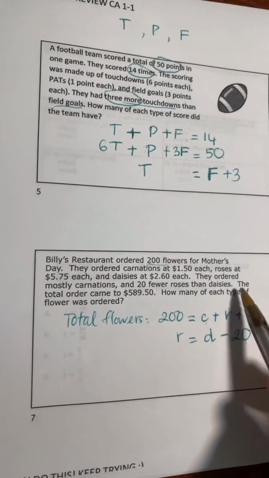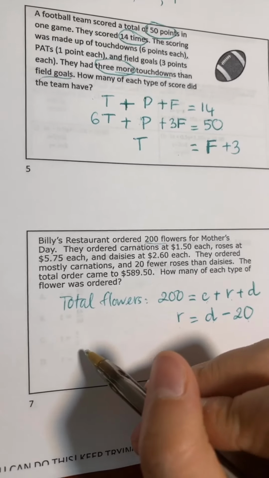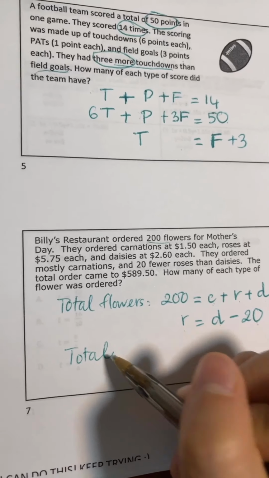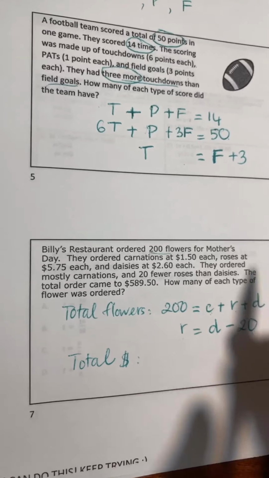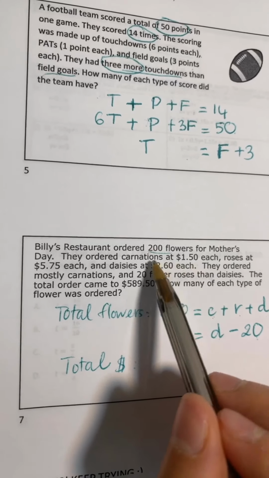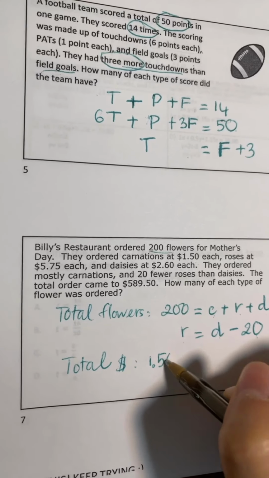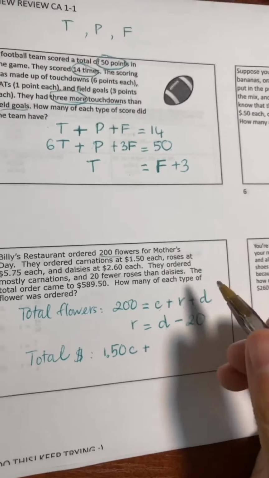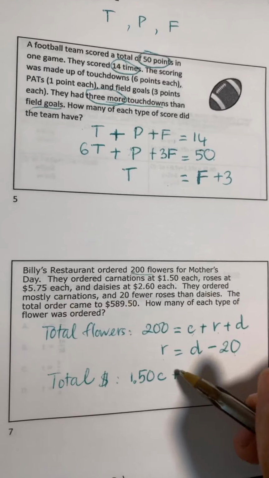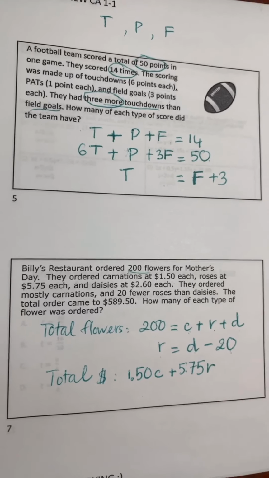Okay, now the total money is $589.50. So we gotta write one equation about the total money. Now the total money coming from where you have the money right here. Carnation is 1.50 each, so I'm going to multiply 1.50 with carnation, the number of that order. And then 5.75 is how much it costs for the roses.